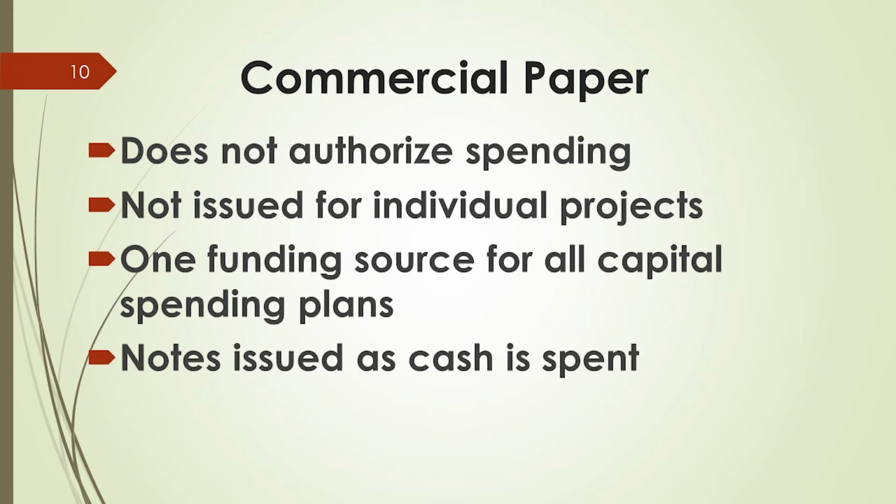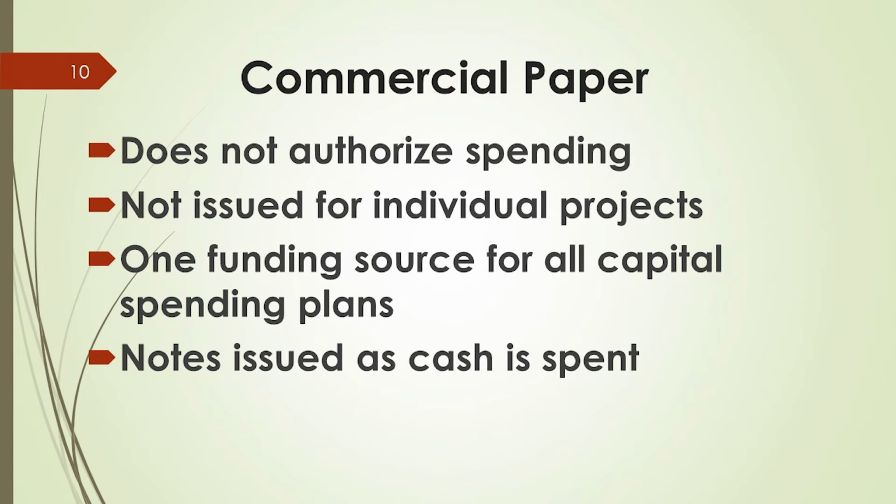Commercial paper can only be used for expenses approved in a capital spending plan. There is no additional spending authorization by using commercial paper. The total amount that can be borrowed is first limited by the amount authorized for capital spending, and then by the maximum amount authorized for the commercial paper program.